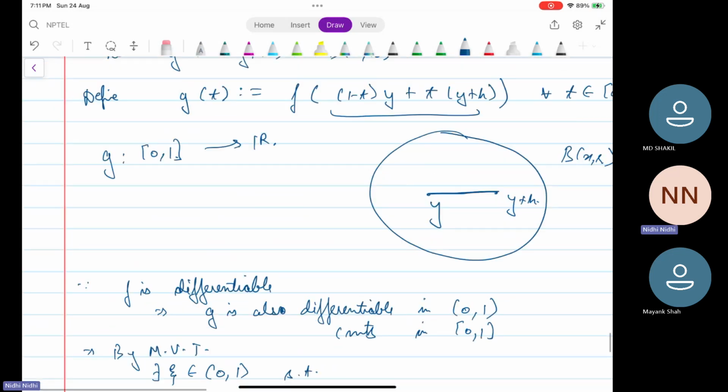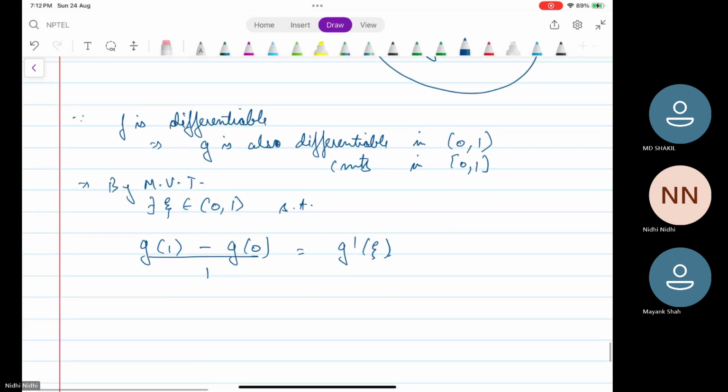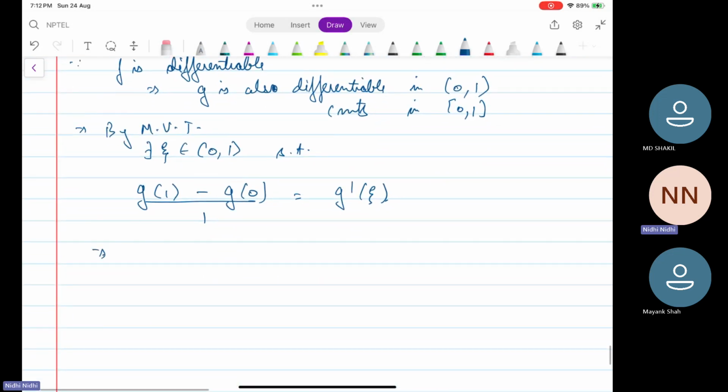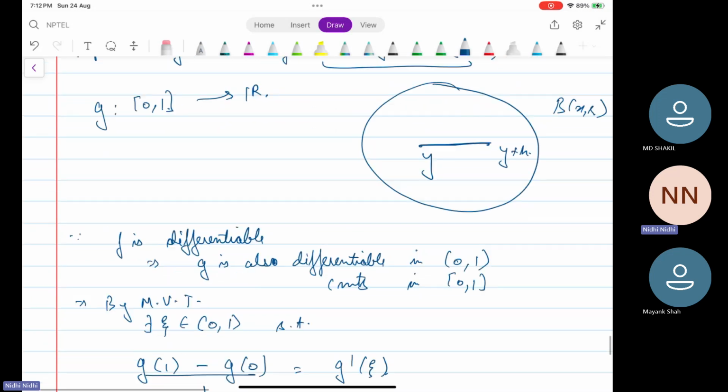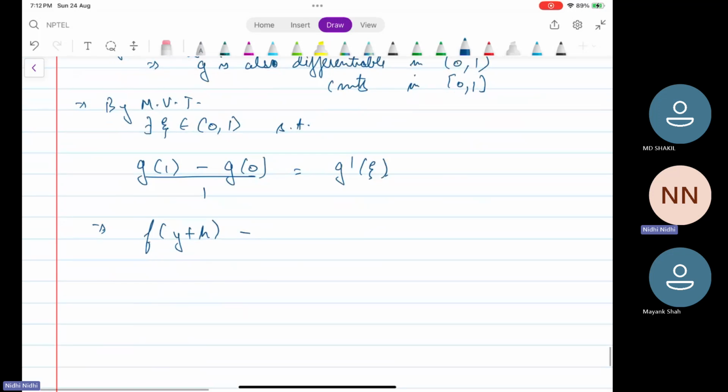Now G1 is f of y plus h. That means f of y plus h minus G0, which is f of y, is equal to G dash zeta.